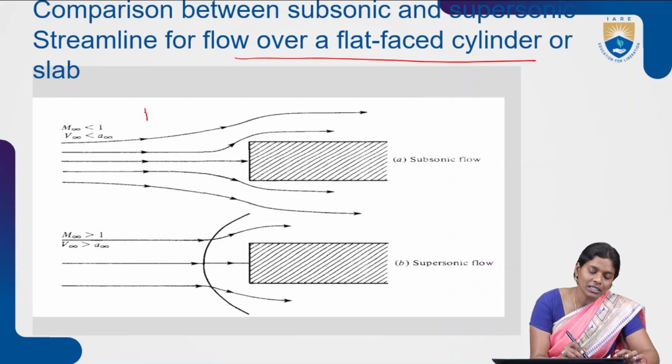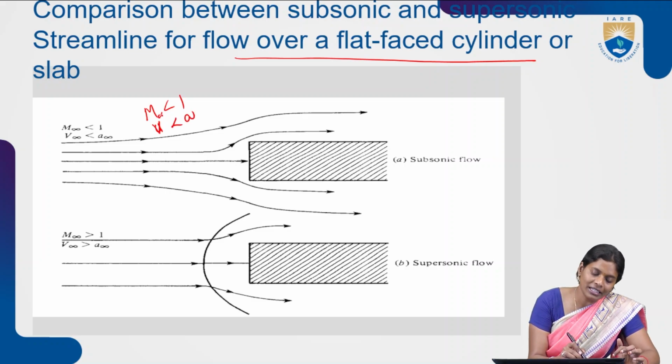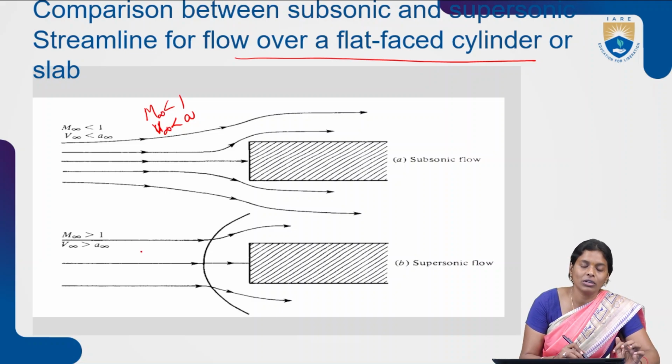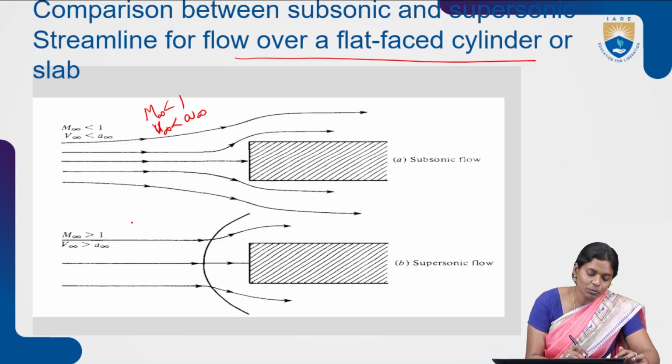We know the Mach number is less than 1, which means the velocity of the object is less than the speed of sound. So the free stream velocity is less than the speed of sound. This is for the subsonic flow. Whereas supersonic flow means what we will be having?